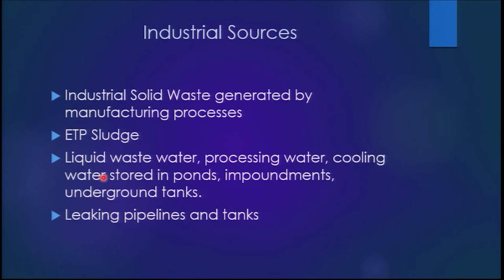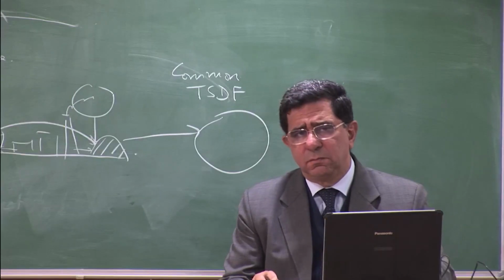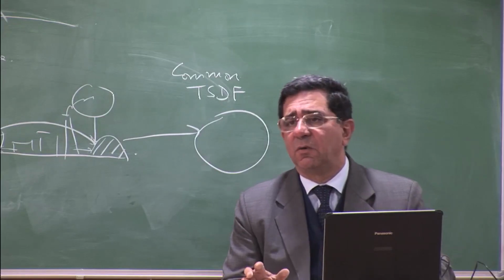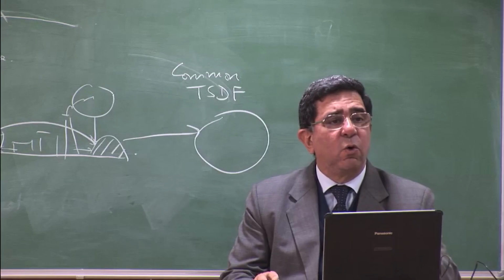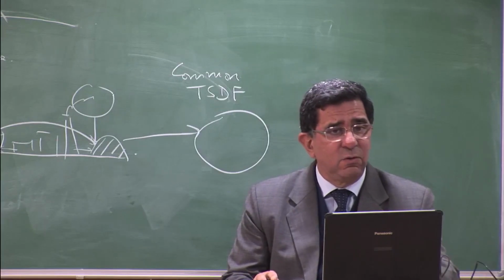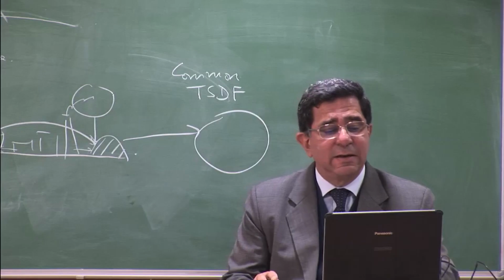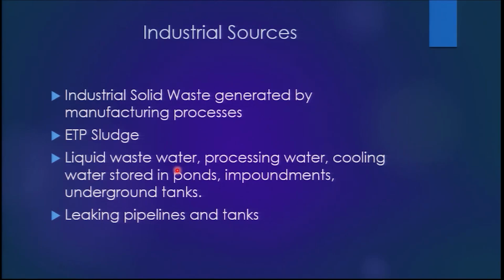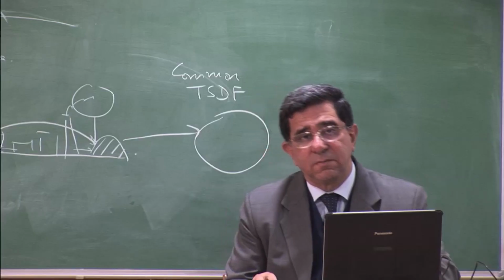Even more potent are liquid wastes, as long as they are stored above the ground. Now there is a big move by all pollution control boards asking industries to store all effluents above the ground. But in most of the old places you'll go, you'll find tanks, ponds, underground storage tanks. So liquid wastewater or liquid processing water, even cooling water, when it is stored in ponds, impoundments and underground tanks, can slowly leach into the ground.